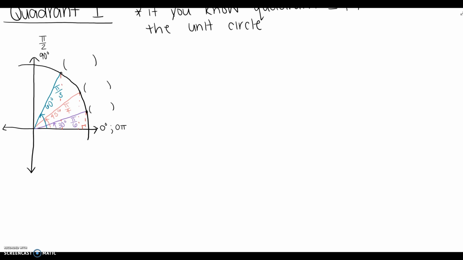Starting with the 30-degree angle, or pi over 6. If I pull that out, I've got a right triangle, and this is 30 degrees.